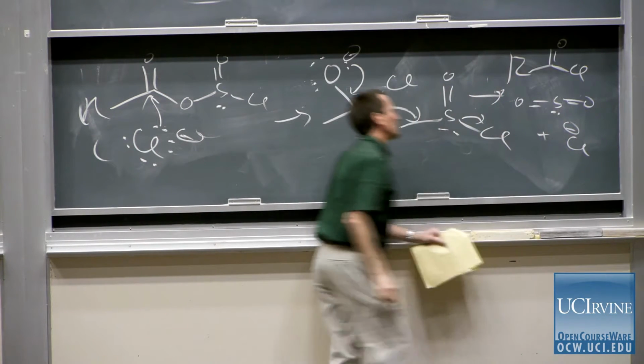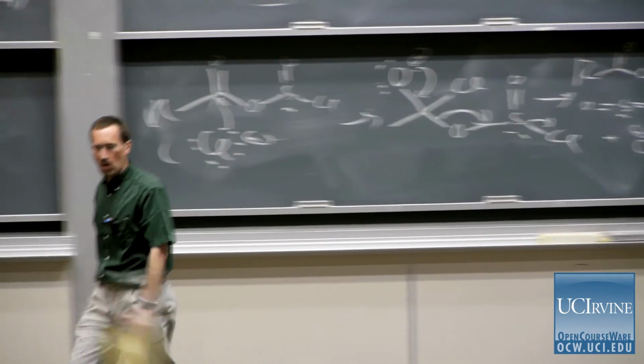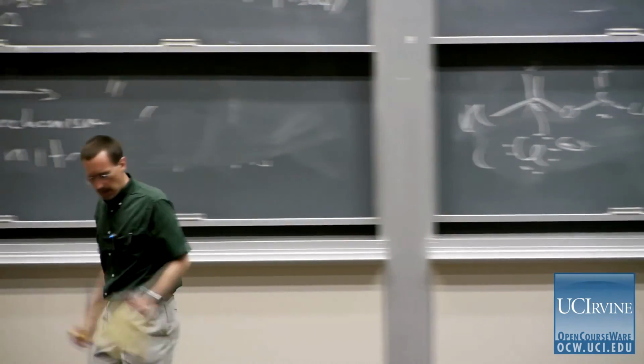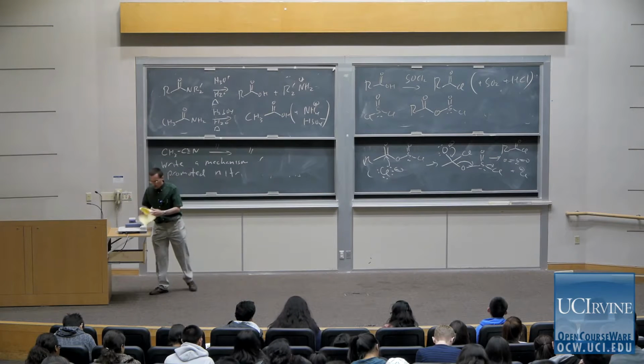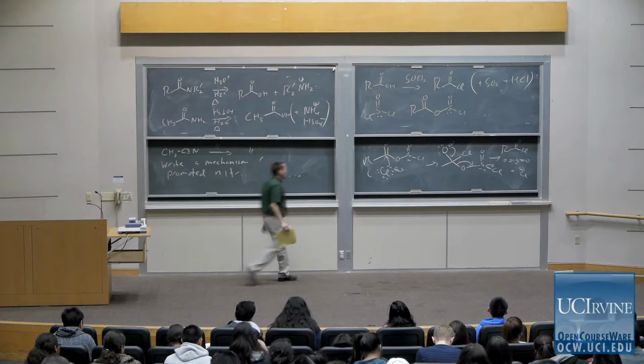And when you write a balanced equation, since a proton was lost at the very beginning, you get HCl.